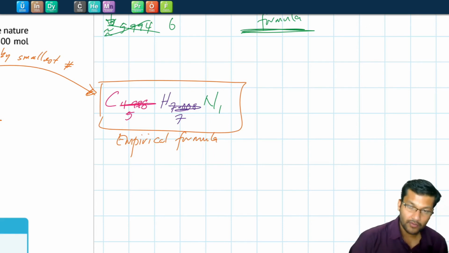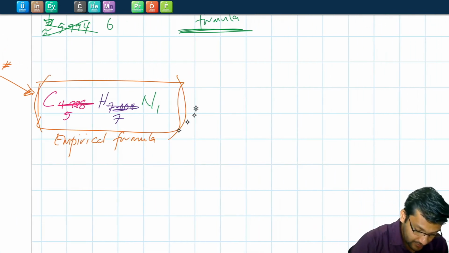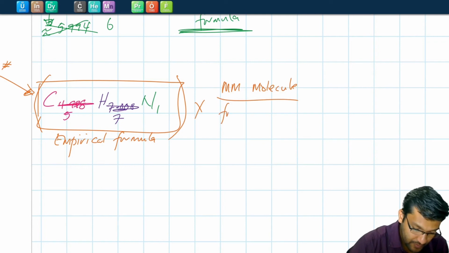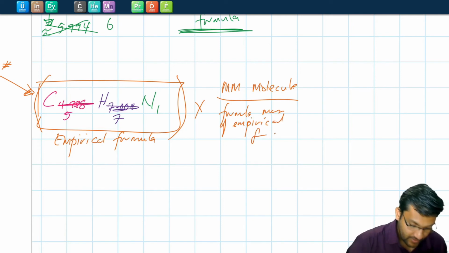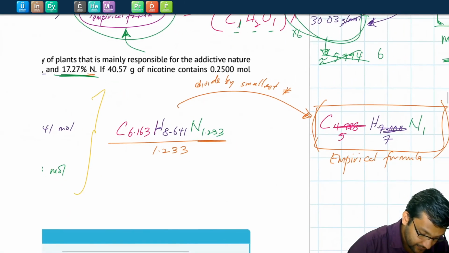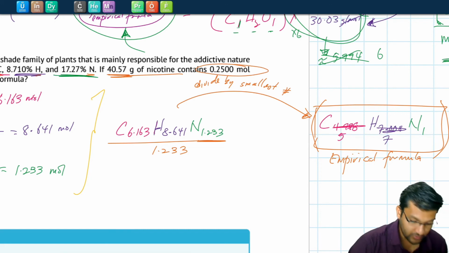Okay, now we need to figure out what the molecular formula is. So we can multiply all of this by the molar mass of the molecule divided by the formula mass of the empirical formula. So we need to figure out each of these. Well, here it says that 40.57 grams of nicotine has 0.25 moles.